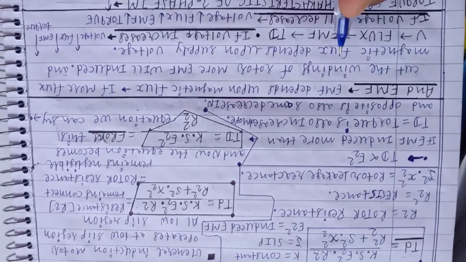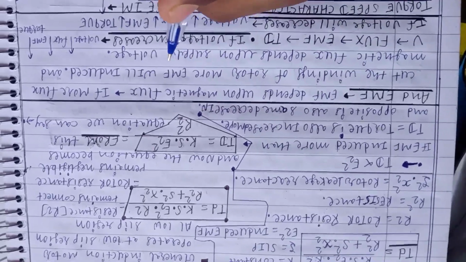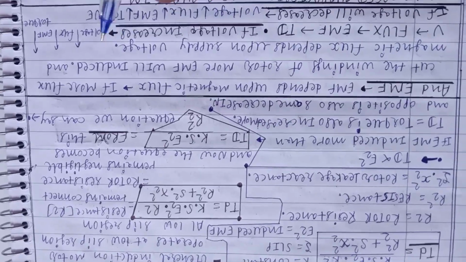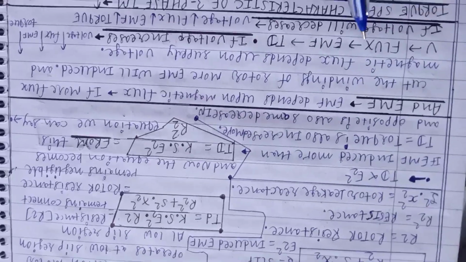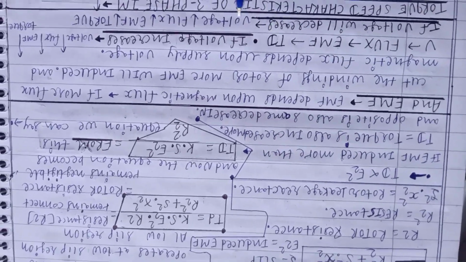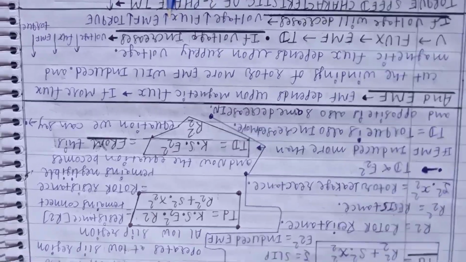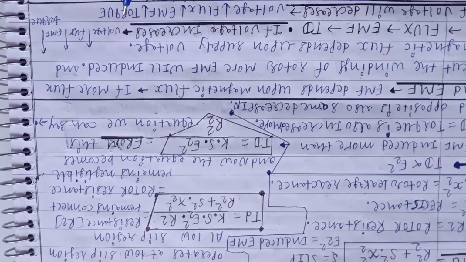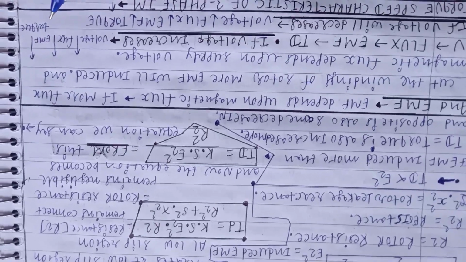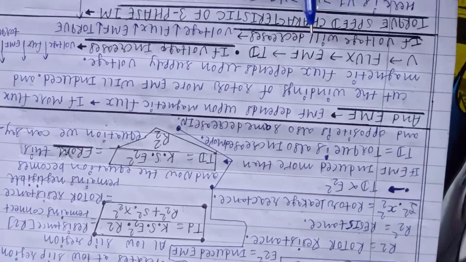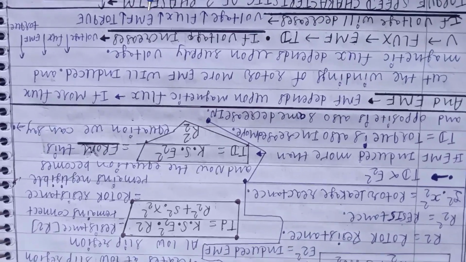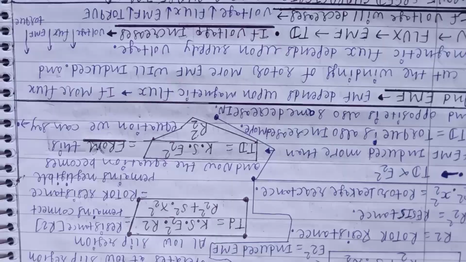If more flux cuts the rotor winding, more EMF will be induced, and magnetic flux depends upon supply voltage. Voltage, flux, EMF, torque. That means if voltage increases, flux also increases, then EMF, and then torque also increases. If voltage decreases, then flux, then EMF, then torque also goes down.